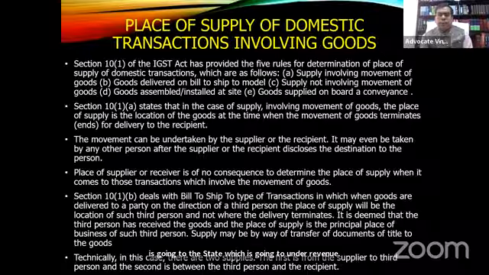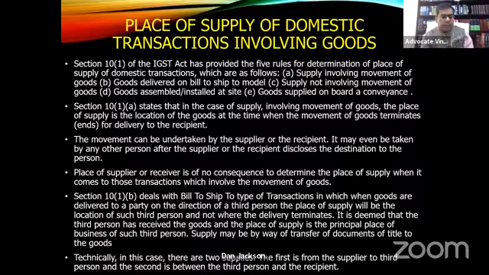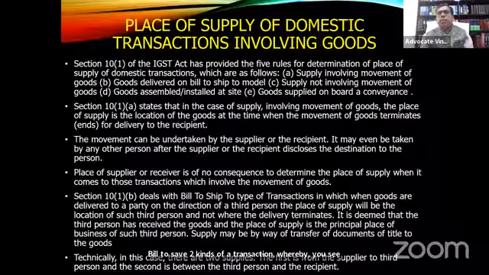Now, in this context, let us have a look at section 10(1)(b). This is a transaction which deals with a bill to ship to kind of transaction, whereby one purchases goods from a particular person and asks it to be delivered to somebody.